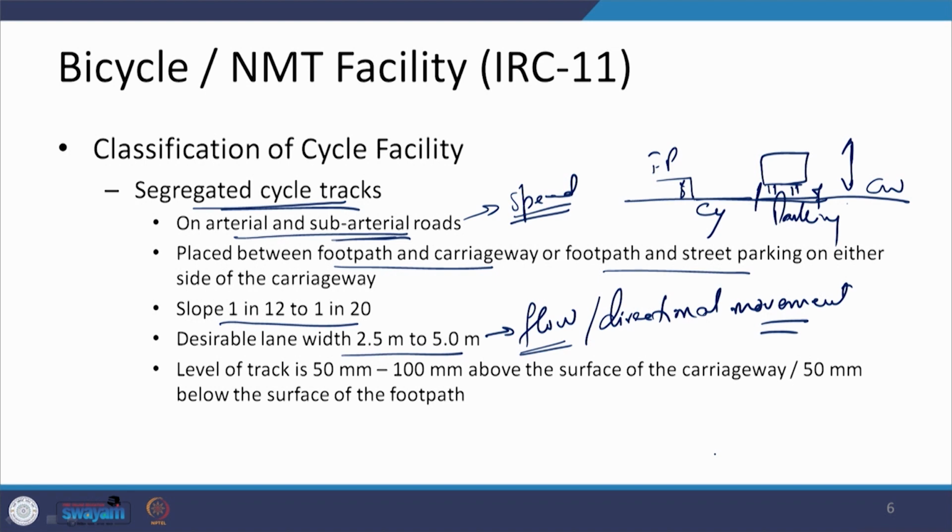Another issue is that when we are talking about this type of segregation, is it only on the horizontal level or is it also on a vertical level, and that is what it talks about here. It says that the track of the cycle is 50 mm to 100 mm above the surface of the carriageway.